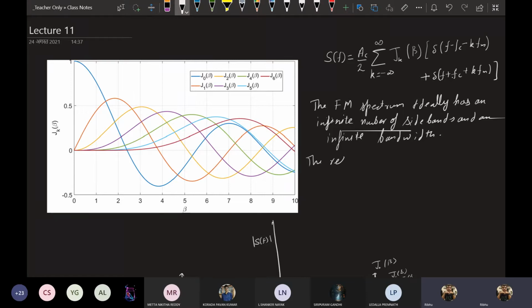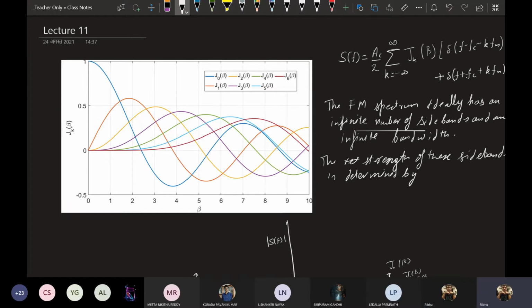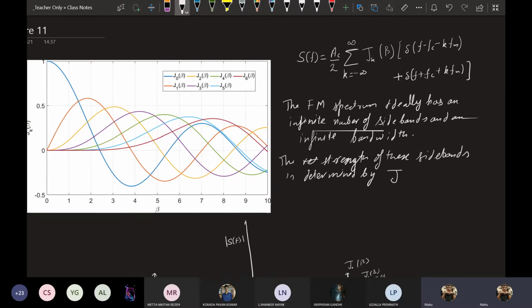The relative strength of these sidebands is given by JK beta. Fine.